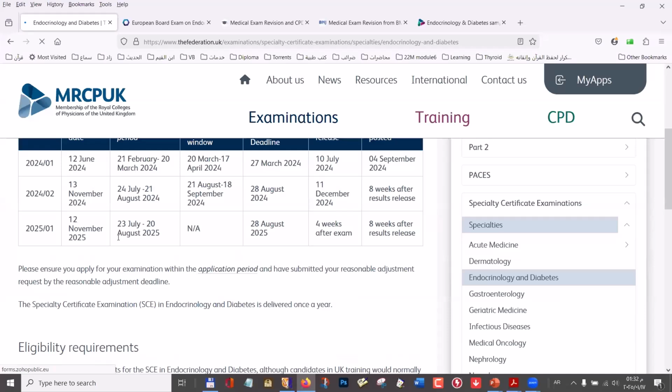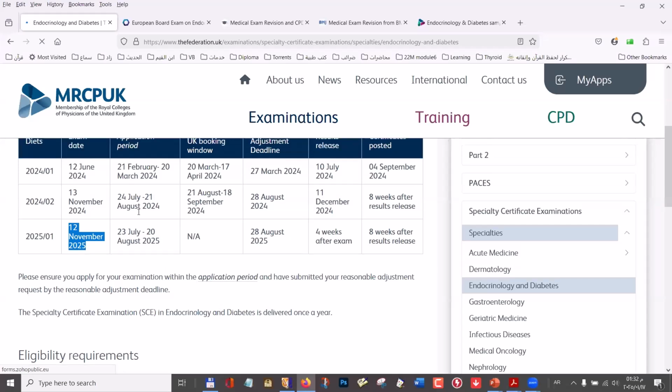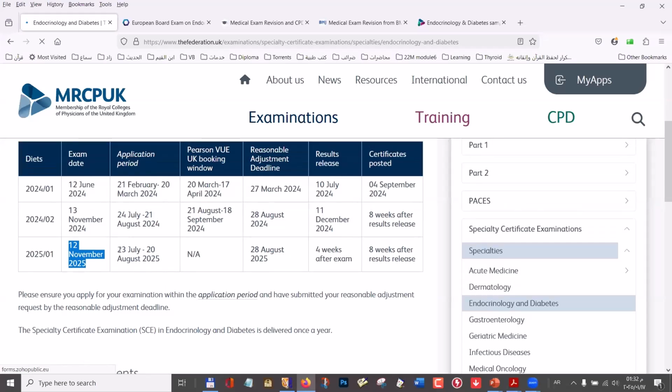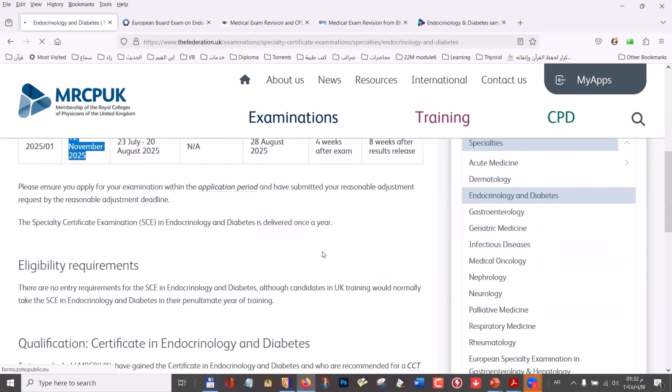The next exam will be held on the 12th of November 2025, and the application period will start from the 23rd of July till the 20th of August 2025. The result will appear 4 weeks after the exam.